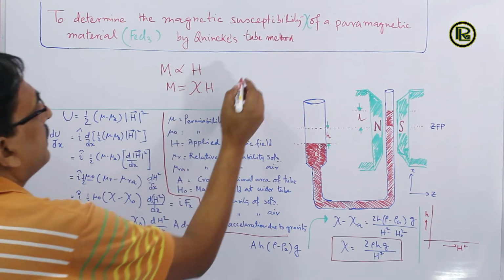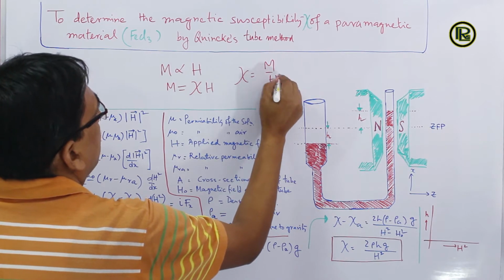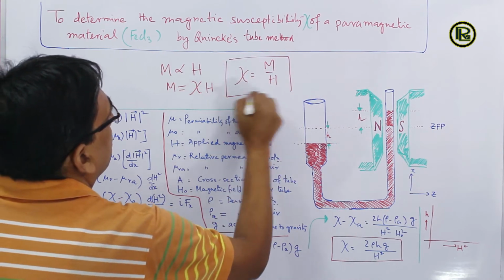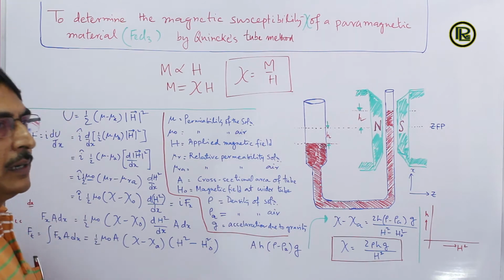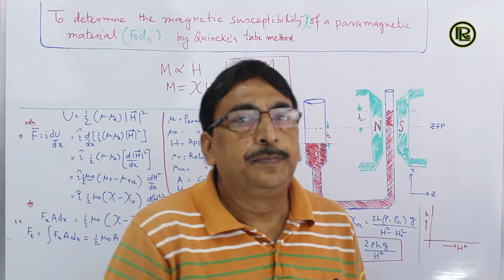This chi is M upon H. This is called paramagnetic susceptibility.